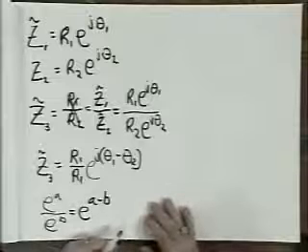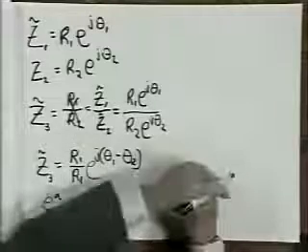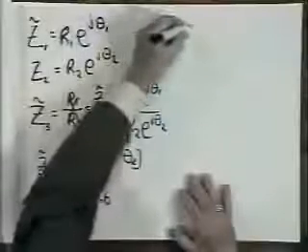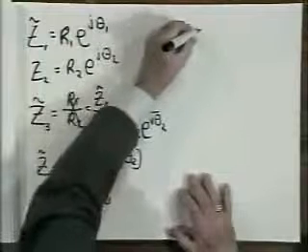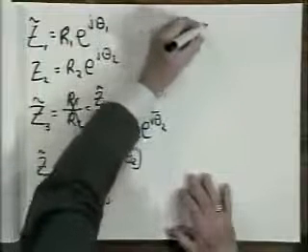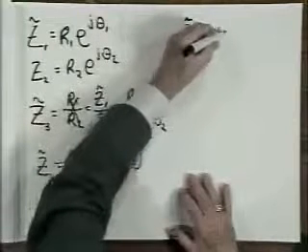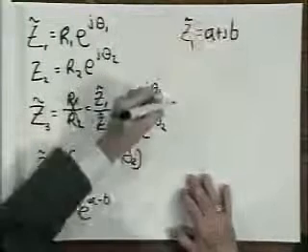Now, in order to divide complex numbers in rectangular form, we need to introduce another concept. That is the concept of a complex conjugate. Let's think about z1 and write it in rectangular form. z1 is a plus jb.